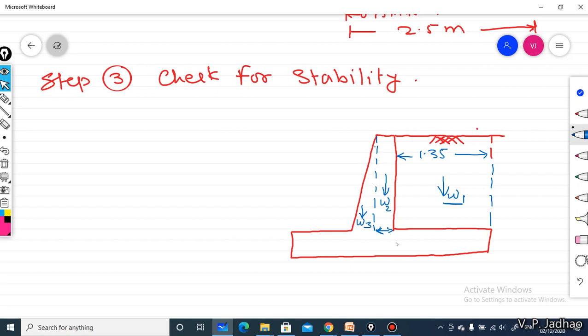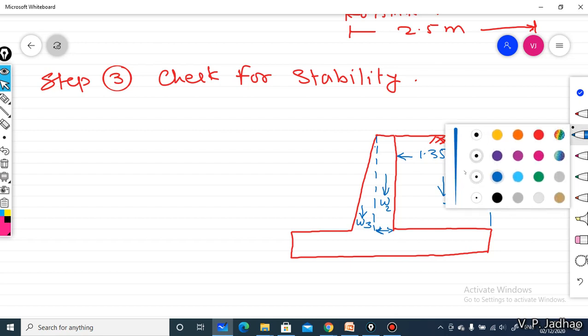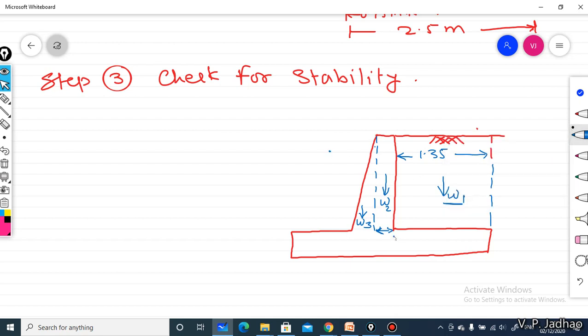And again we have one force which will be resisting the overturning, that is the weight of this particular base slab. Let us consider this as W4.